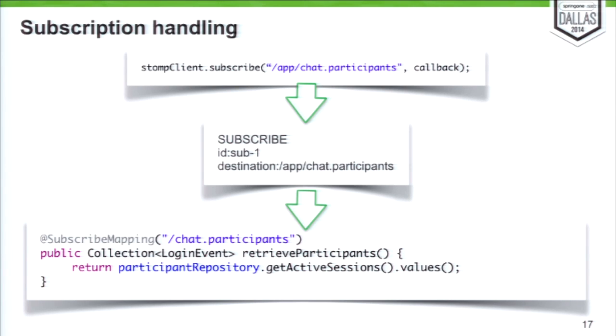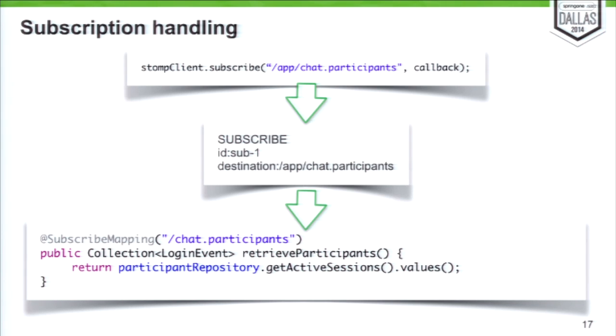So we're sending this STOMP message, right? That's going to be a message with the SUBSCRIBE command. And notice how we have some headers like the destination. And this handler will delegate to a method inside a controller annotated with @SubscribeMapping and defining the destination to be processed. So we see here that we are kind of intercepting the subscription.